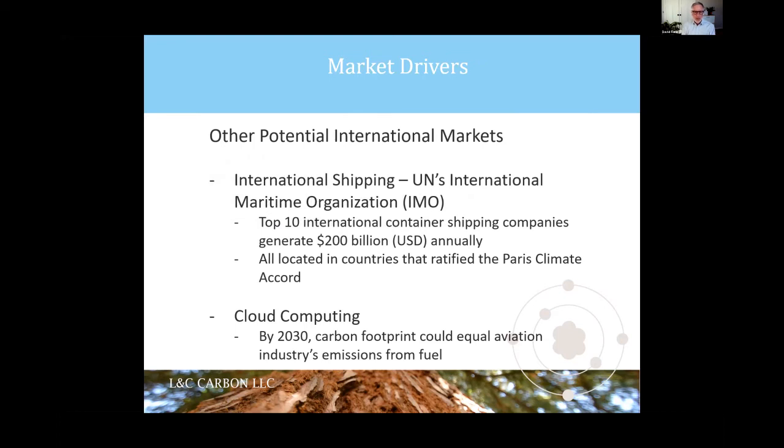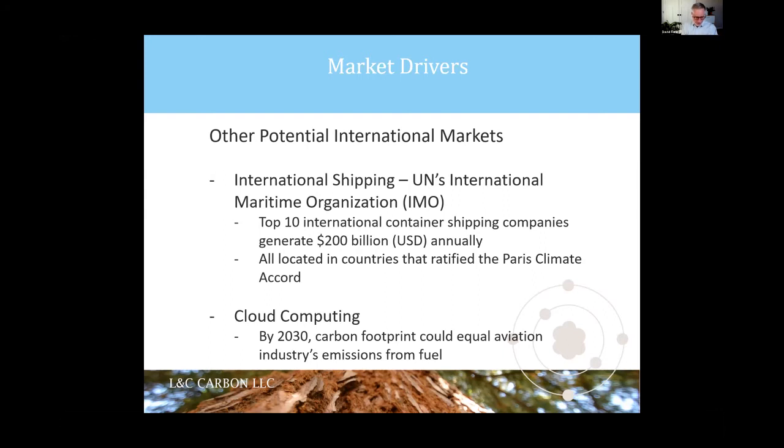But when you look at the other potential international markets beyond the airline industry, the international shipping industry, the International Maritime Organization, referred to as IMO, when you take a look at the top international container shipping companies, they generate over $200 billion annually. And they're all located in countries that ratified the Paris Climate Accord.